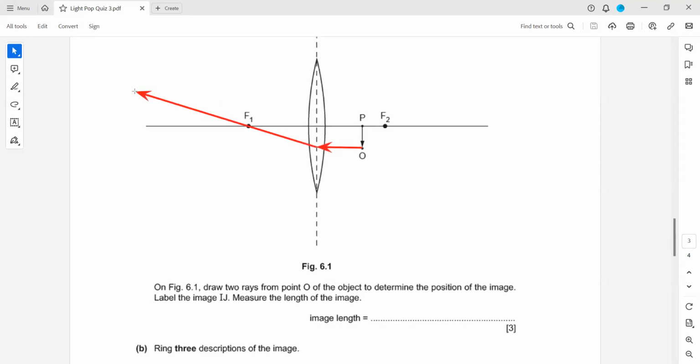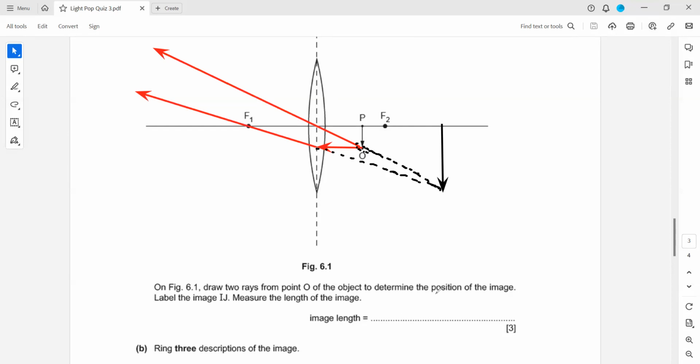It should pass through the focus. One through the center of the lens will pass straight. Again, these two light rays will not meet or intersect, so we produce them backward. When we produce them backward, the point where the two light rays meet or intersect is the position of the image.